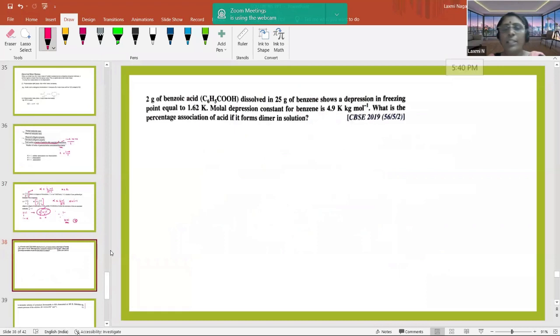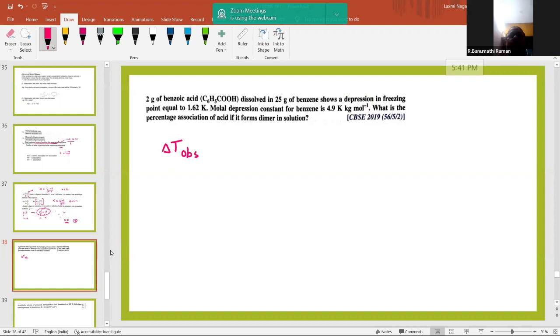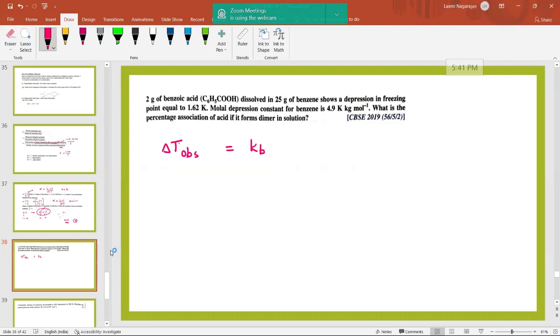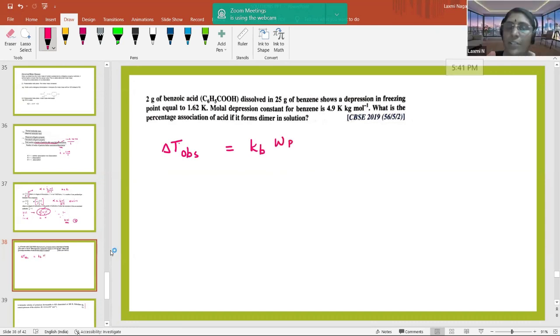One more thing which I tell for these kind of questions, probably it will help you. Let us put it as delta T observed. Delta T observed is equal to K, if it is boiling point experiment then it is Kb, into weight of the solute by molar mass of the solute into weight of the solvent expressed in kilograms.